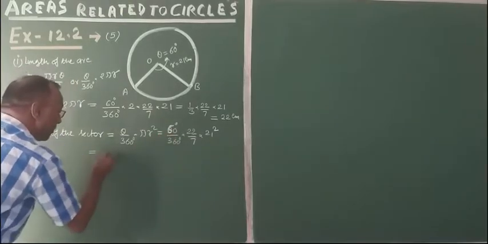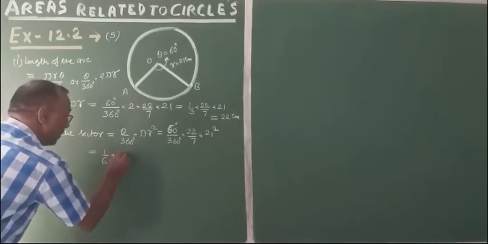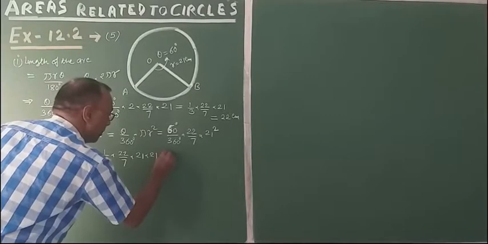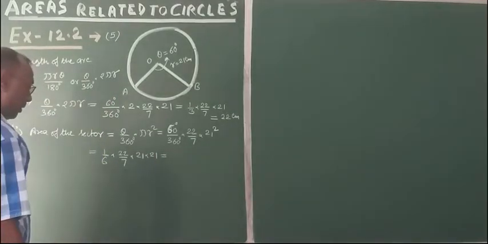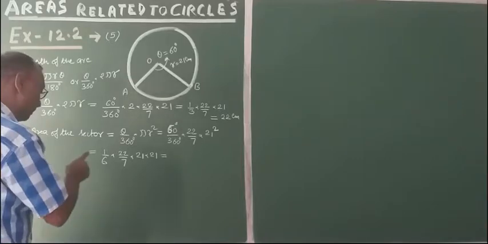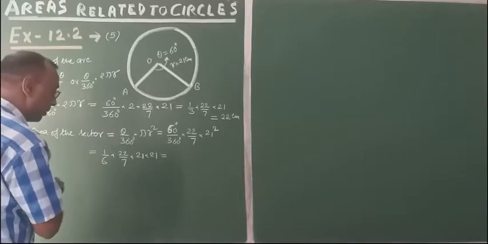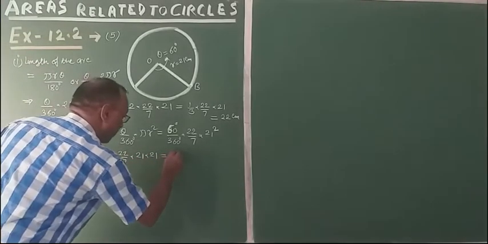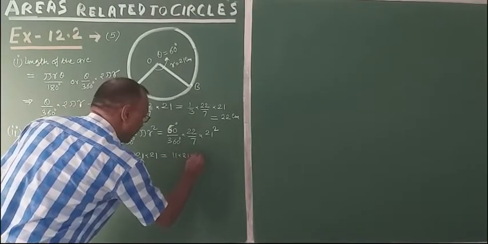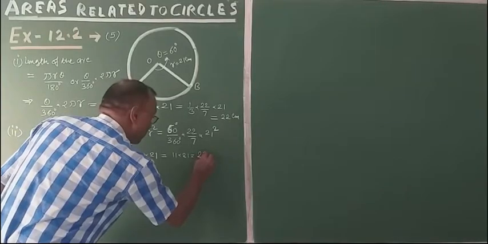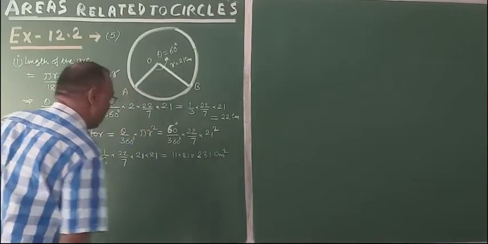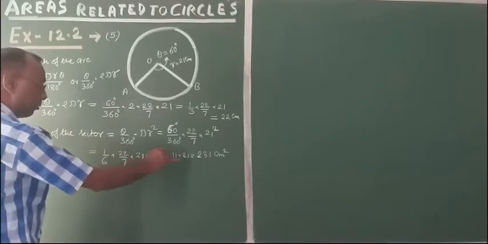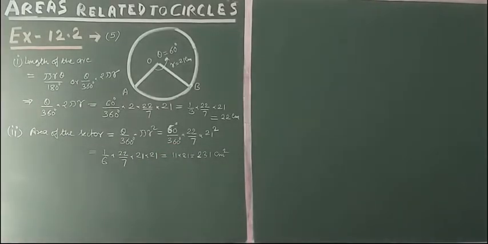It will be 1 upon 6 into 22 upon 7 into 21 into 21. 7 threes are 21, and 6 twos are 12, so 11 into 21. That is 231 centimeter square.